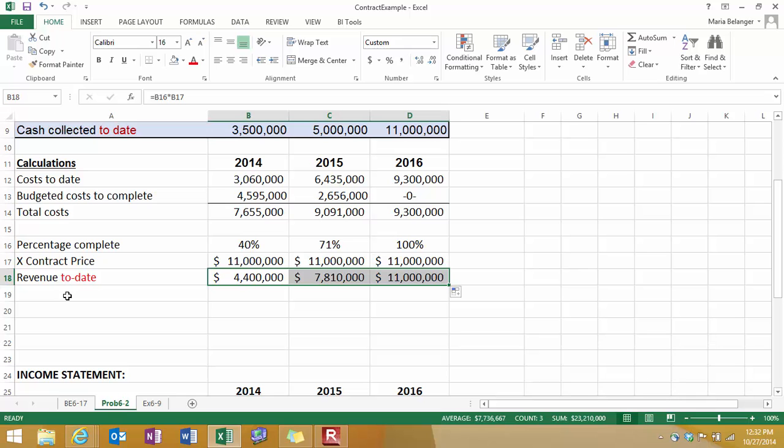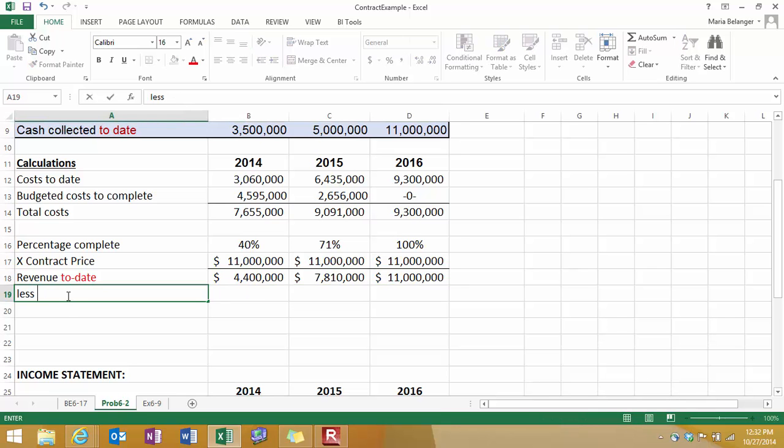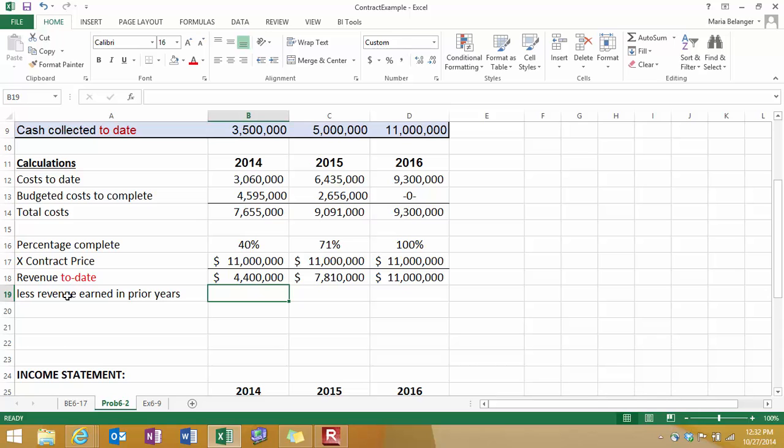So to calculate the revenue earned in a particular year, we have to subtract the revenue earned in prior years. The first year is the year we start, so there is no revenue earned in the prior year. But in 2015, we recognize revenue of $4.4 million, so we have to subtract this. So I'll put a little minus in front of it, subtract it.